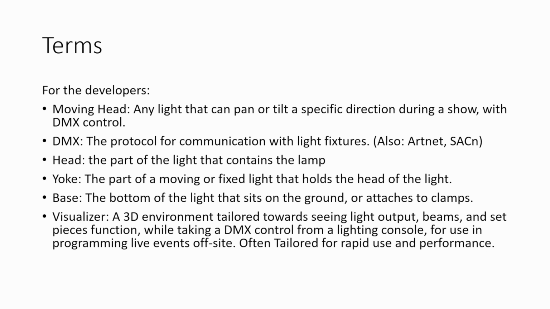You don't have to build the fixtures. You can use something like Carbon for Unreal, or you can use the native DMX fixtures that are built in, and those will get you up and running faster. But what we're doing is building these fixtures almost from scratch. We're using some of the Unreal's tools to build these fixtures.